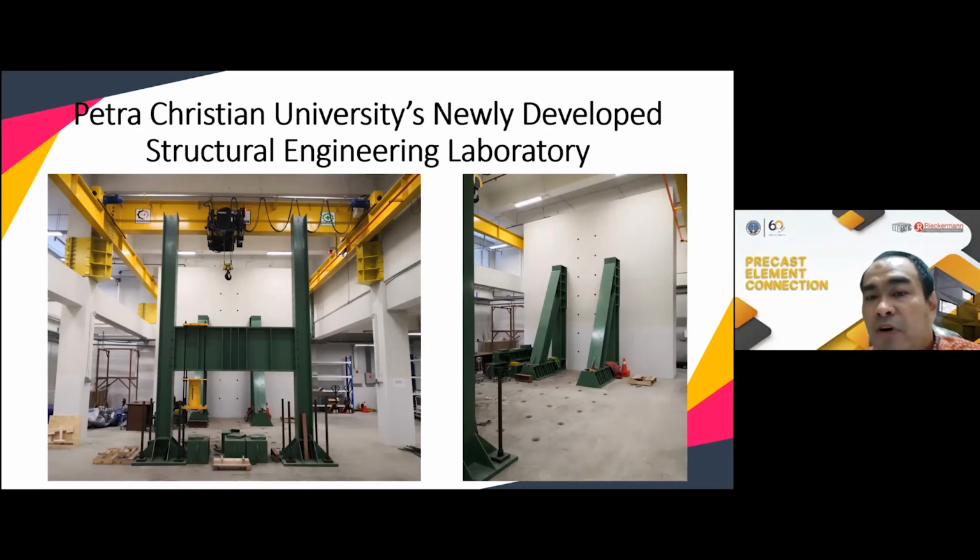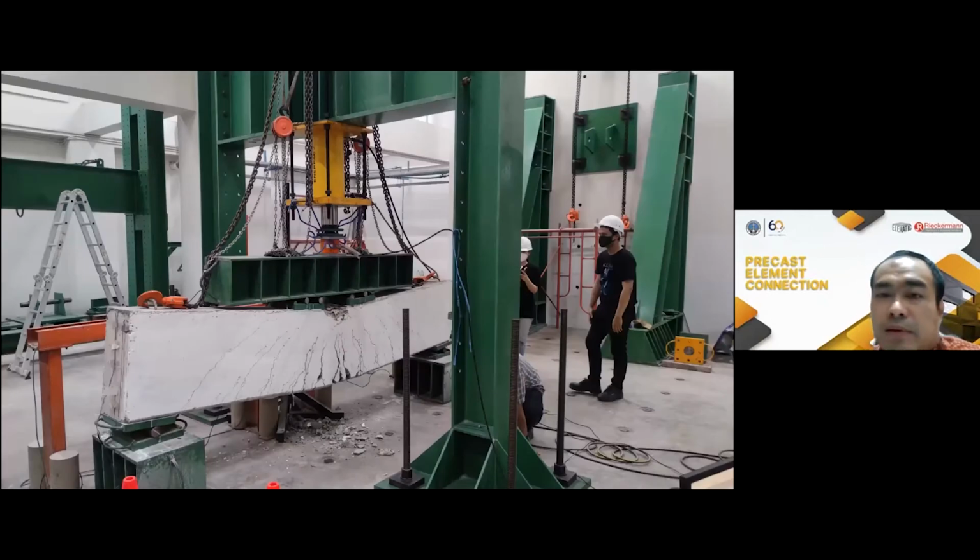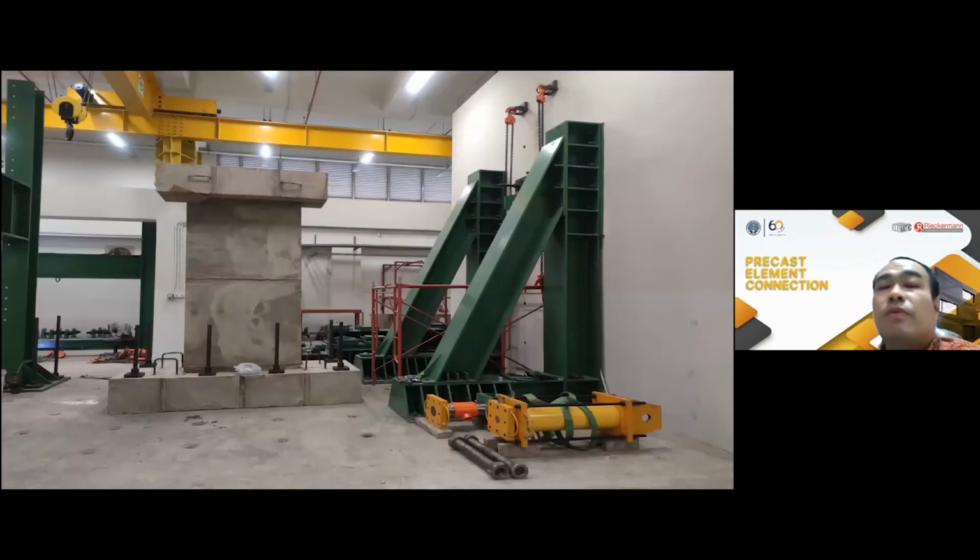So we already performed some testing on RC beams. These are the pictures of our testing in the lab in our graduate course. So we tested the RC beams, and also we want to test an RC wall.